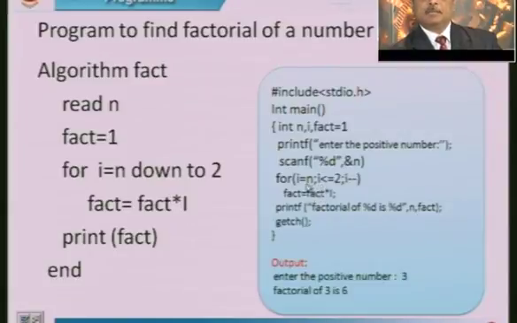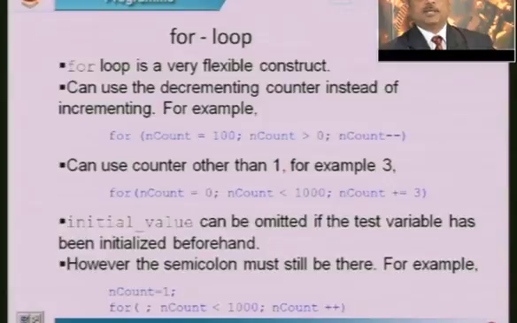Next time it becomes 3 for I, because you are decrementing by 1, 4 into 3, 3 into 2. By that time this condition fails, the control goes out and prints the factorial. This is how you will get the values; for the positive number 3, the result will be 6. This is how we understood how to find the factorial of a given number using the for statement.